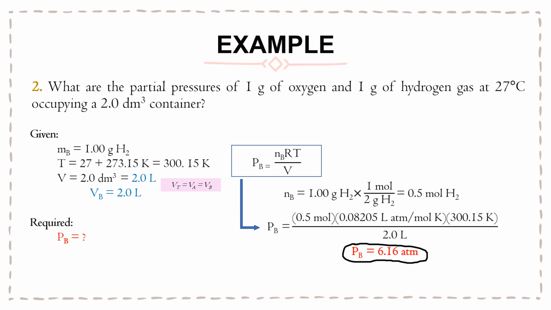So that is 6.16 atm. Samantalang sa oxygen ninyo, konti lang. Right? Yan. So mas marami kasi yung moles of hydrogen ninyo kaysa sa oxygen. Kahit pareho sila ng mass. Okay, so nagkatalo sila sa molecular mass.